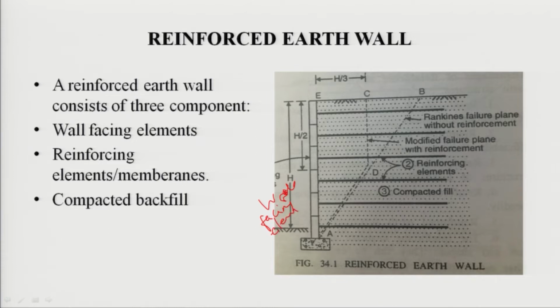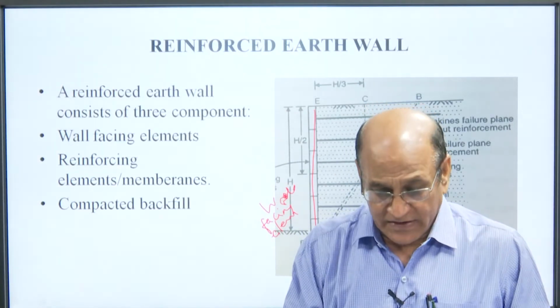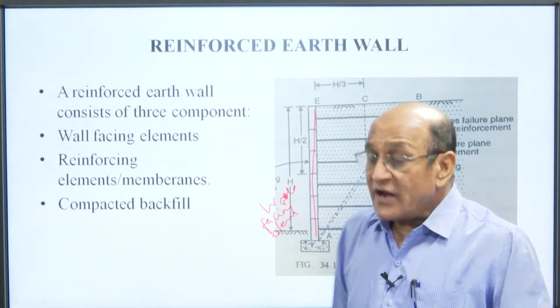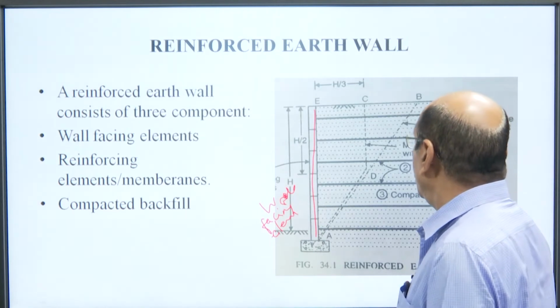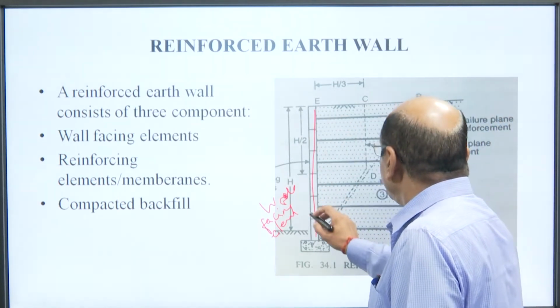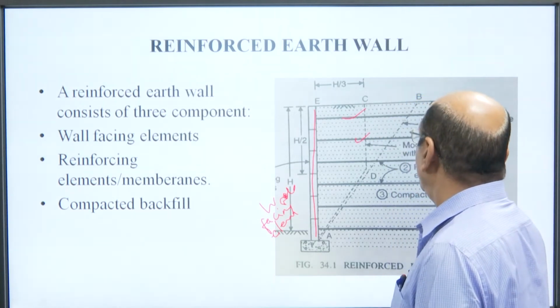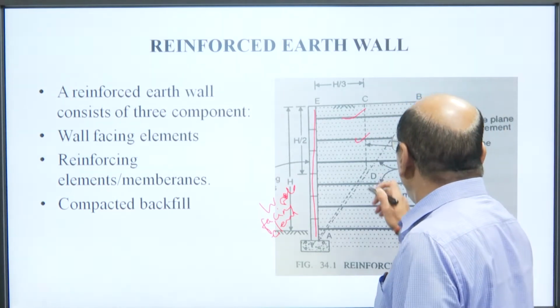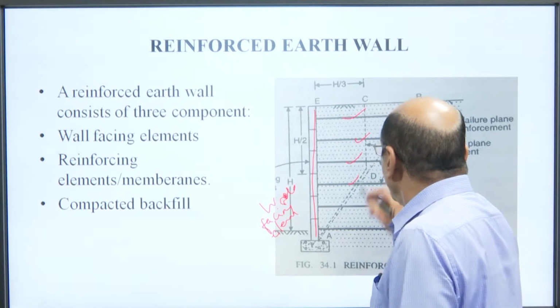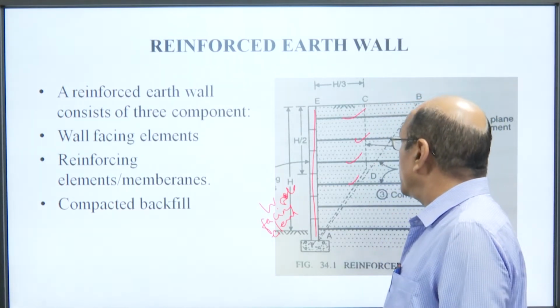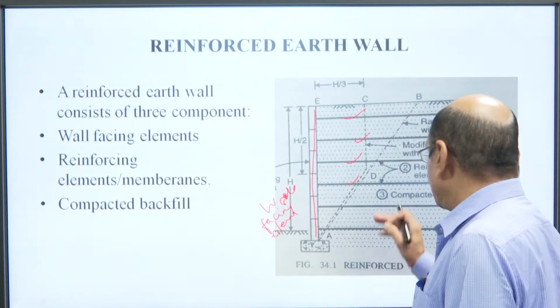In this drawing, this is the wall facing element. We will discuss one by one. Second is the reinforcing element. This is the wall facing element and this is the reinforcing element used in the structure.